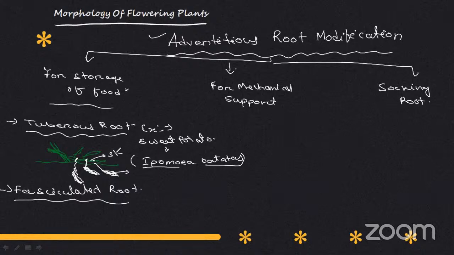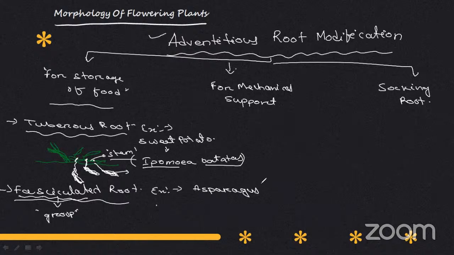Here the stem develops the root, and the root swells and is modified into an irregular shape for the storage of food. But in case of the fasciculated root, what happened? Fasciculated means in a group. For example, in case of the Shatavari plant, that is asparagus.